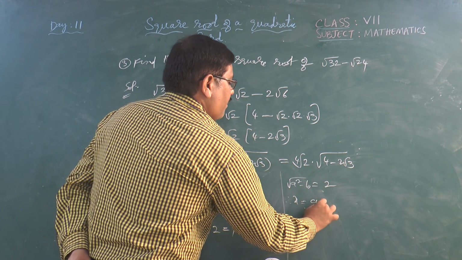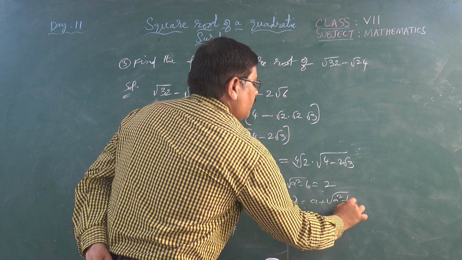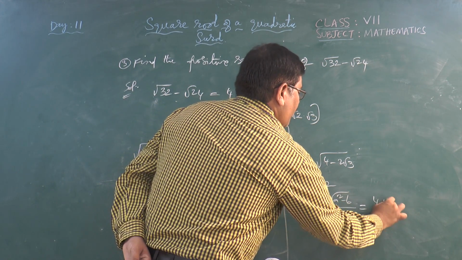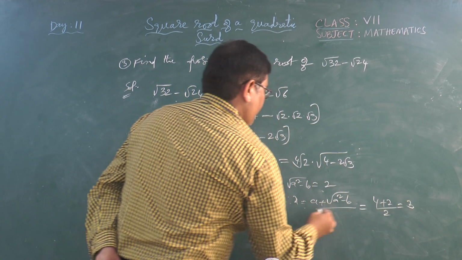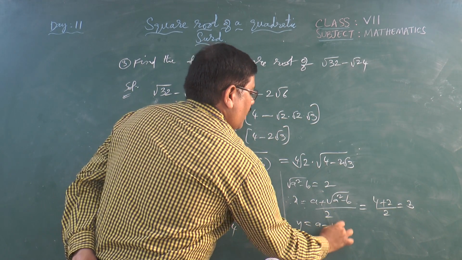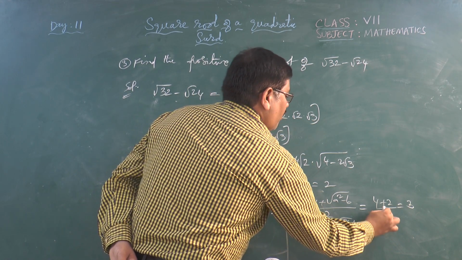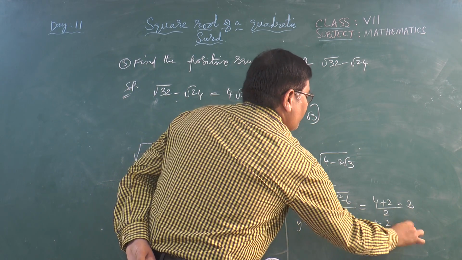Therefore, x is a plus root of a square minus b by 2. The value of a is 4, so 4 plus 2 upon 2 is going to be 3. Next, y is equal to a minus root of a square minus b by 2. That is going to be 4 minus 2 by 2, that is going to be 1.